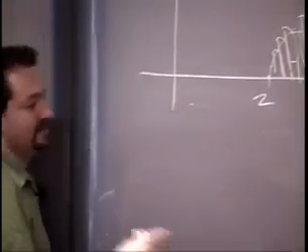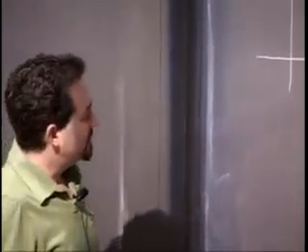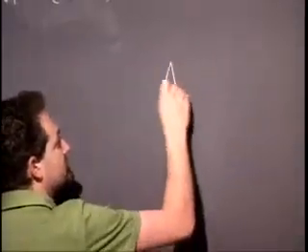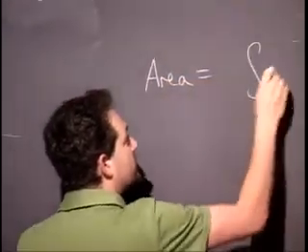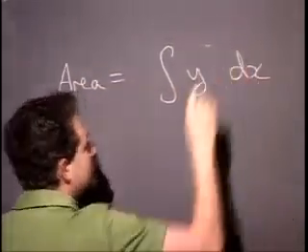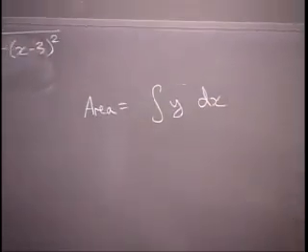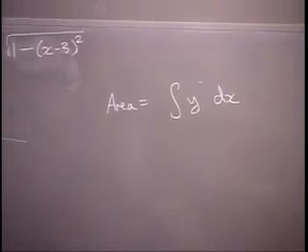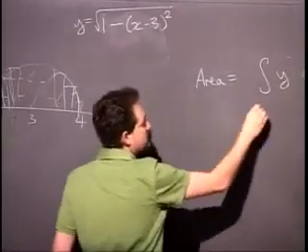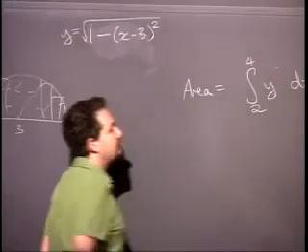In the limit, you get the actual area. Here's another way of thinking of it. The area is the integral of y dx, where y is this function, and we need to make it a definite integral, going from 2 to 4.